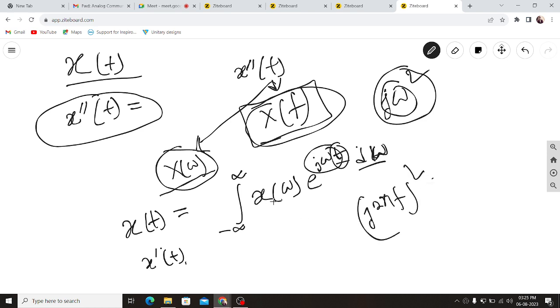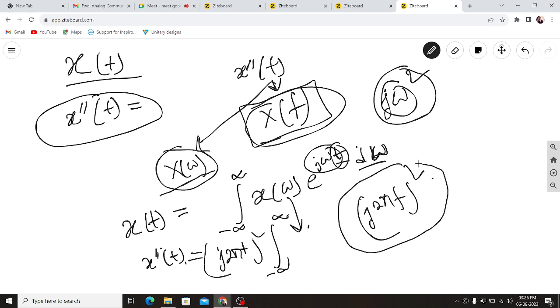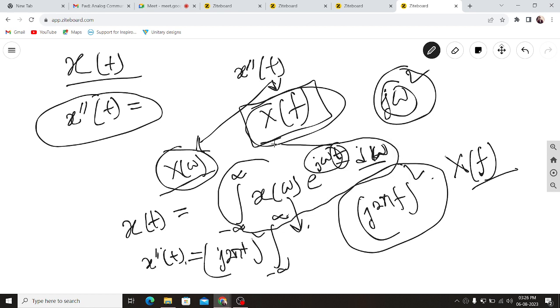This term comes out and the rest of the thing remains the same, which I represent as X of f. So it is just getting multiplied by (j 2 pi f) square or (j omega) square. As many times as I differentiate, it gets multiplied by another j omega term.